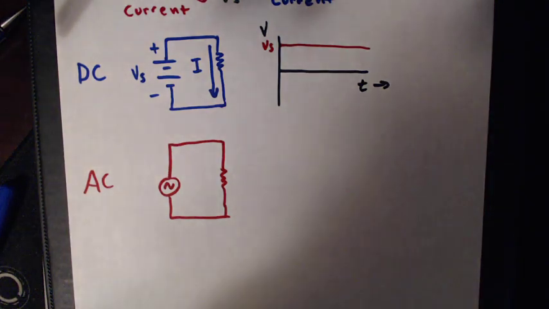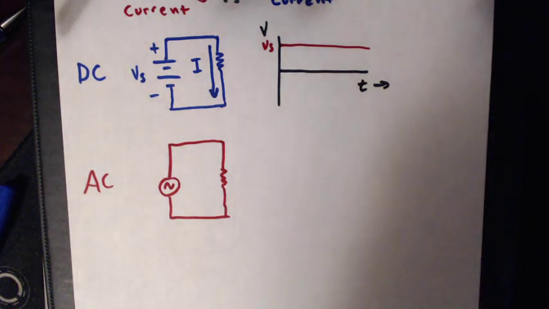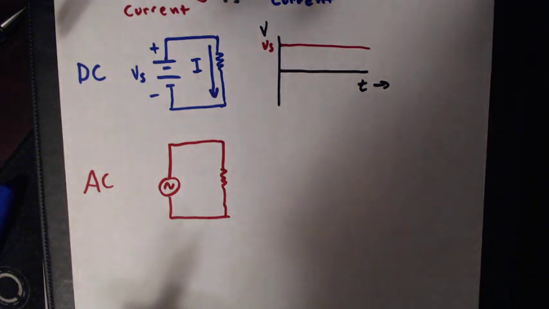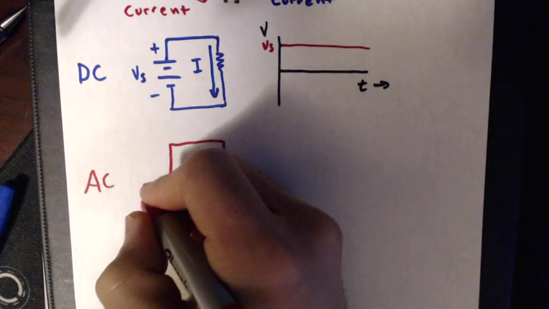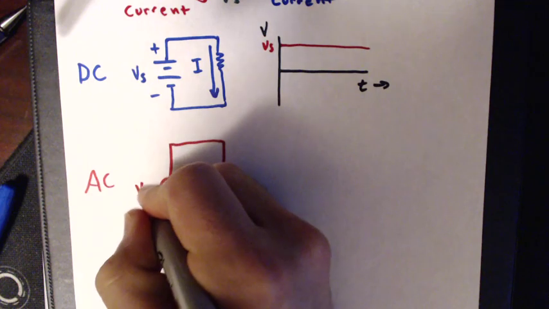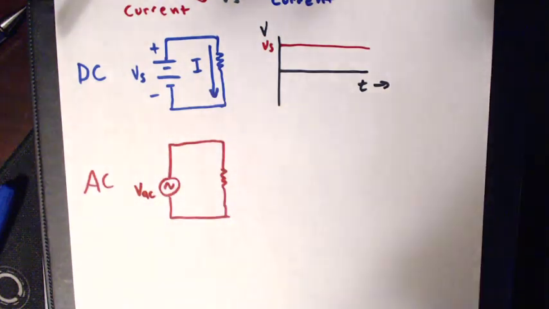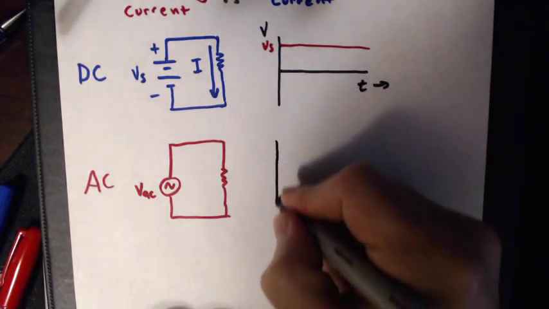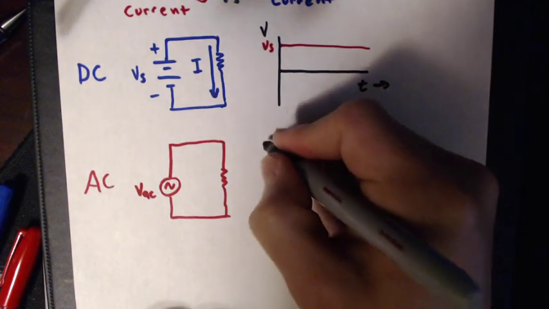Now here's what's going to happen. If we plot what this voltage source is doing, and I'll call it VAC for now, let's look at what this ends up looking like on a graph with respect to time.